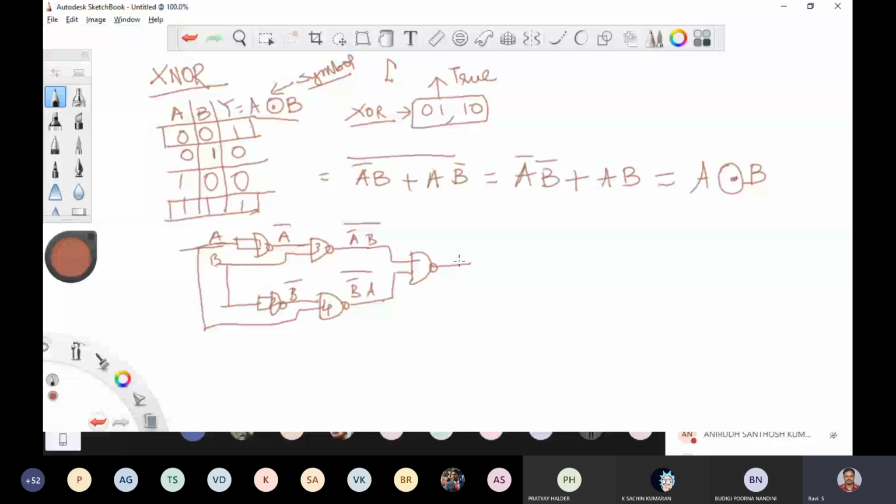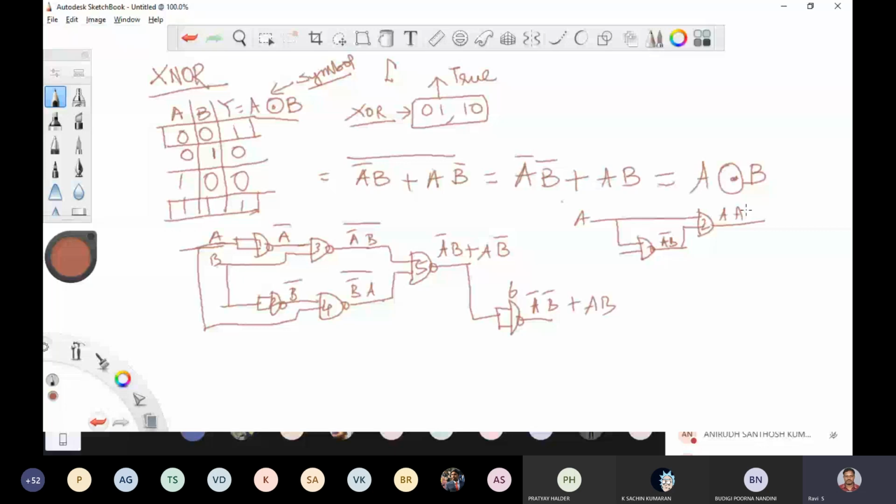Okay, so the second circuit, if you take A, number 2, AB whole bar, B into AB whole bar.